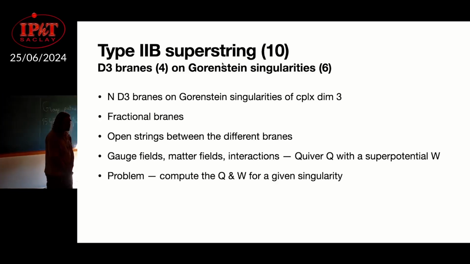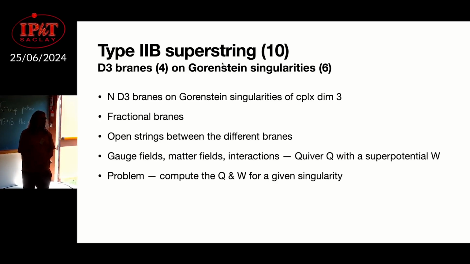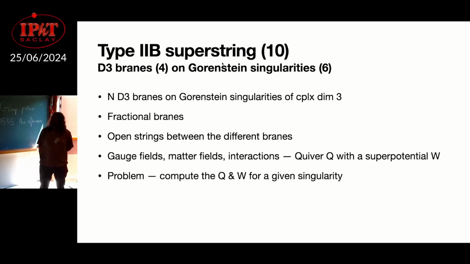It's singular, it's conical. And in order to think about that, we could just think about the orbifolds of C3 by some discrete group. So I take 3 complex dimensions and identify some of the points.